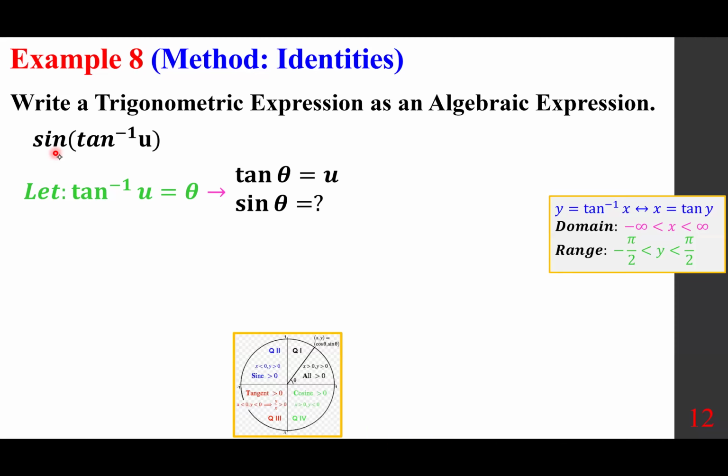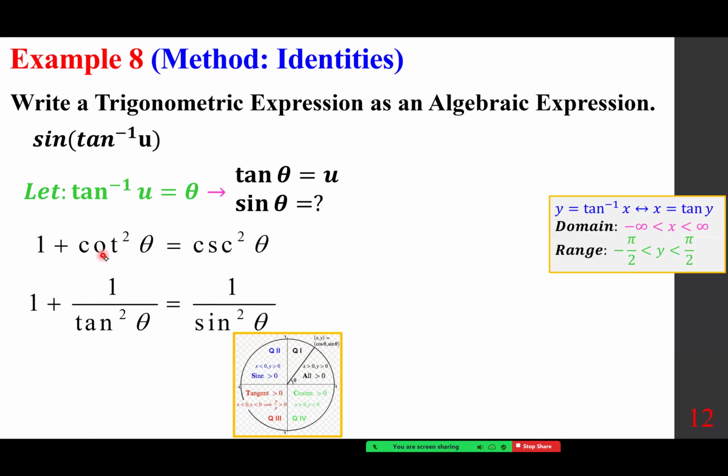If you want to go with the identities, we can go with one of the Pythagorean identities. 1 plus cotangent squared is cosecant squared. And cotangent is 1 over tangent, so we can replace it with 1 over tangent. Cosecant is 1 over sine, so we change it to 1 over sine squared.